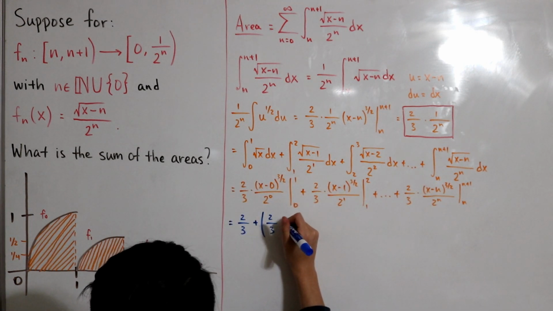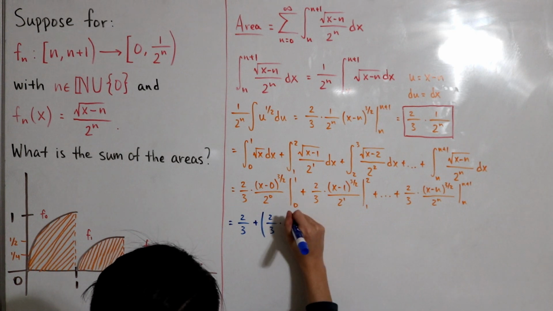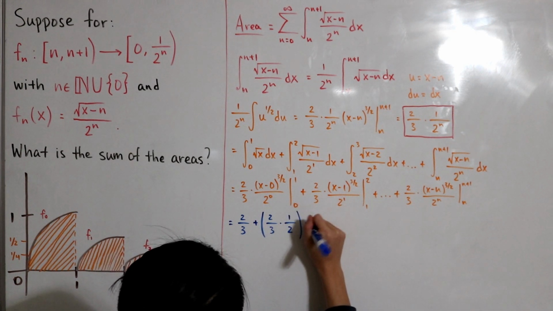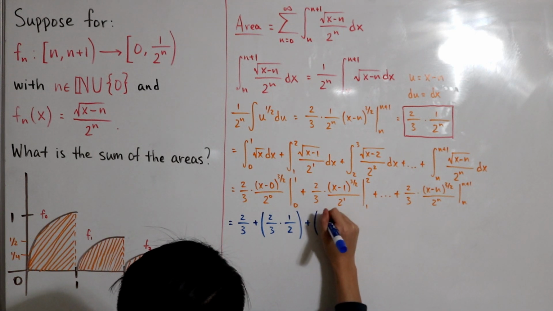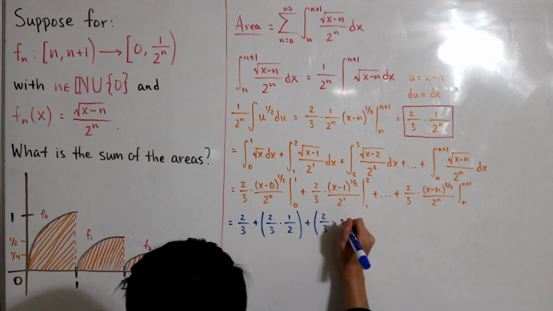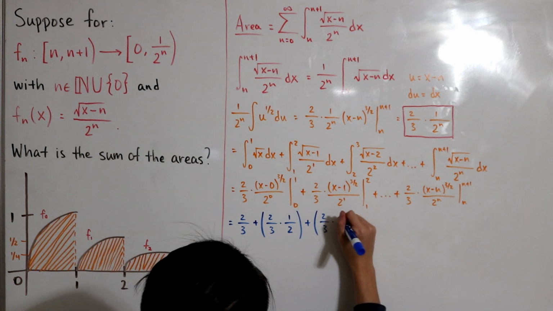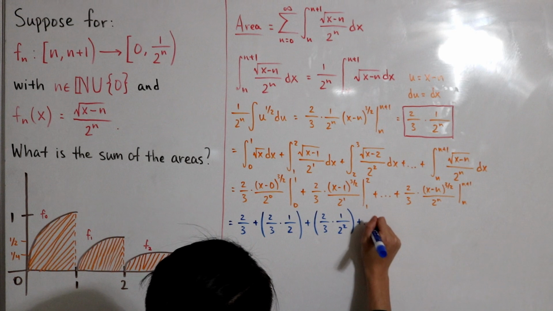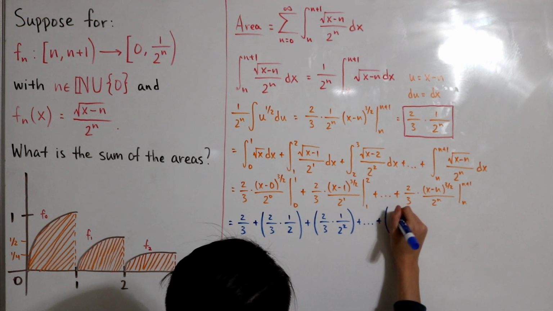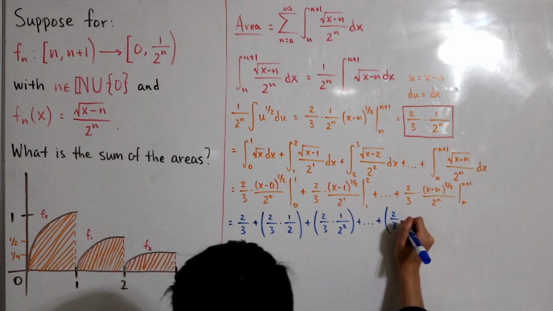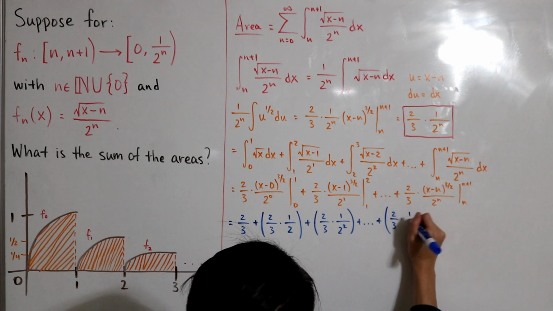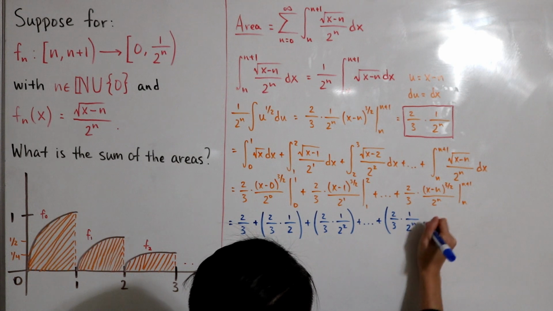So this will just be 2 over 3, then times 1/2, since we have 2 to the power 1. Then add this with 2 over 3, then multiply by 1 and then 2 squared. Keep going so forth. Then the last part, 2 over 3, then multiply with 1, then divided by 2 to the power n.